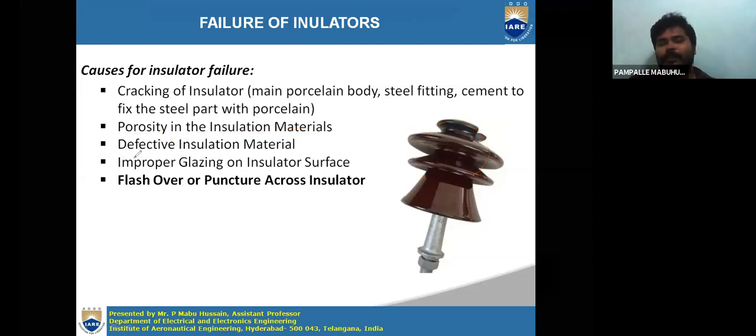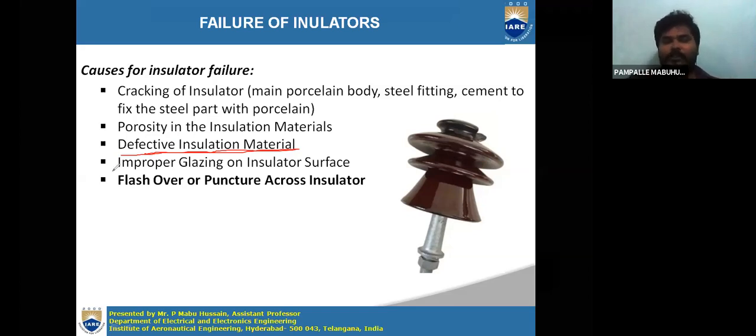Another cause for failure of an insulator is using defective insulating material. If you use defective insulating material, the insulator will be damaged at a much faster rate.